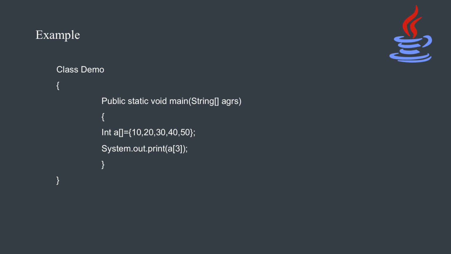Suppose we want to access the element 40 of the array, we have to assign the index value 3 to the array A. It will print the element 40 because the element 40 is located in the third position in the array.